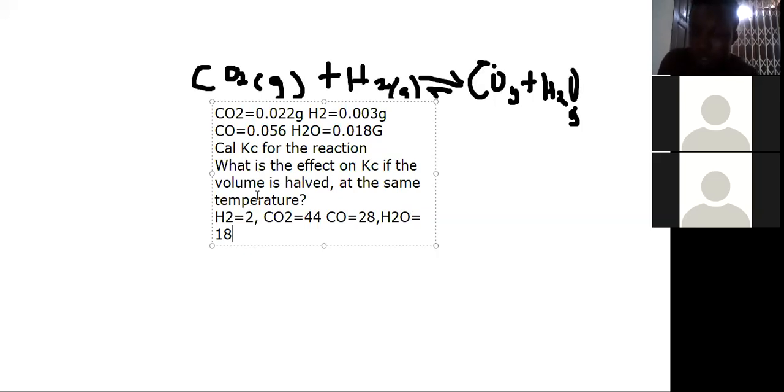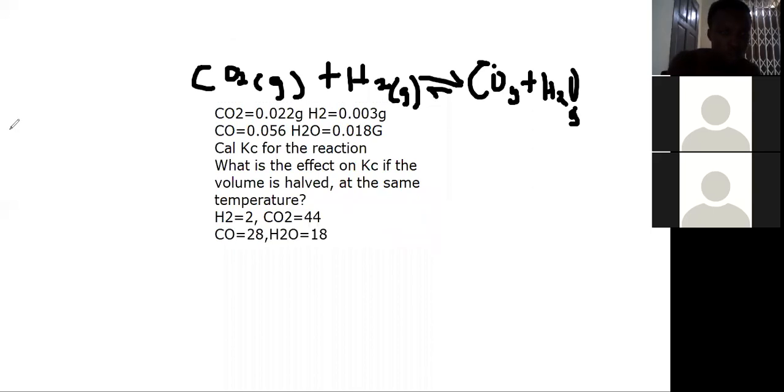We can find concentration using this formula: C is equal to mass all over molar mass times volume. So we first have to find the concentrations of CO2, H2, CO and H2O.